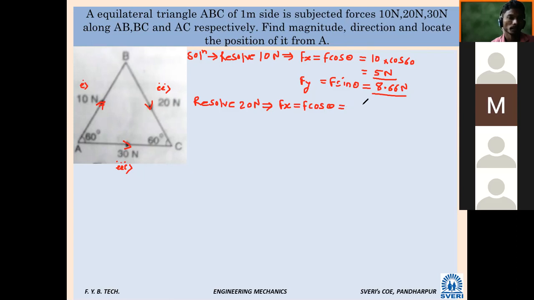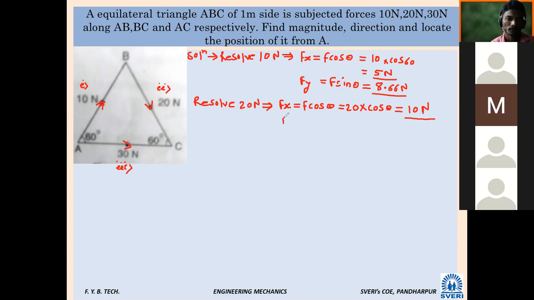What is the value of F? 20 into cos 60. Tell me. 10. Positive or negative? Is it going towards the positive x-axis or negative x-axis? Positive. So it should be positive 10 Newton.